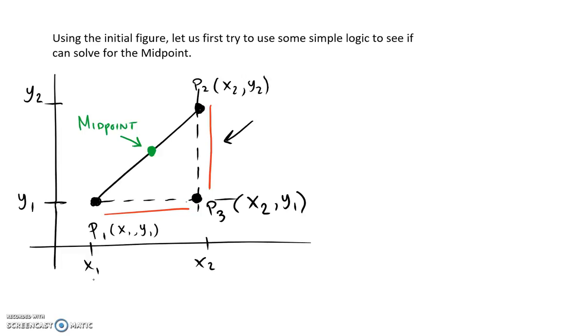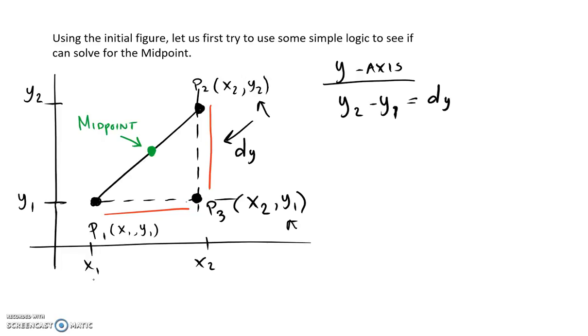All it is is taking our y2 value and our y1 value and subtracting them. So we'll call this our y-axis side, and we'll subtract these two values. So it'll be y2 minus y1, which will give us our distance, right? We'll call this dy, just so we don't get confused. So this is our dy, right?